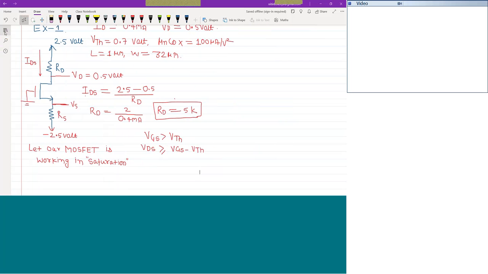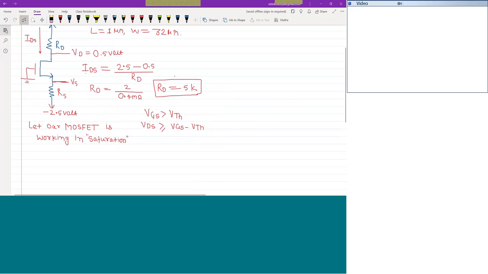तो मैं क्या बोल सकता हूँ कि in our circuit IDS is equivalent to 1/2 mu n into COX into W by L into VGS minus VTH whole square.